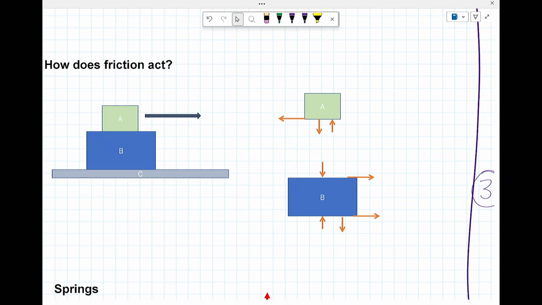So here we have two masses, mass A and mass B, and I have chosen really good color schemes for this. A is on top.